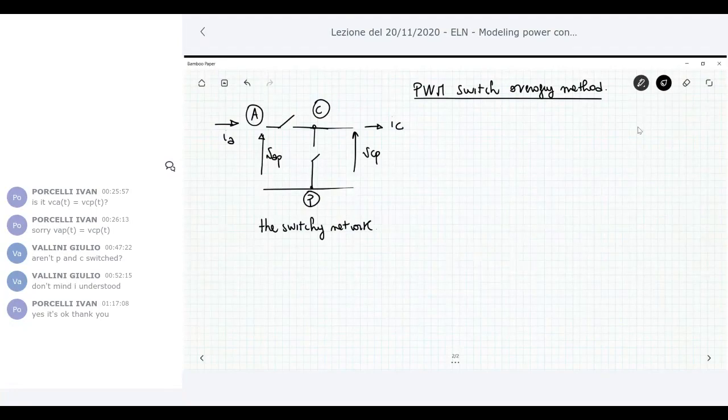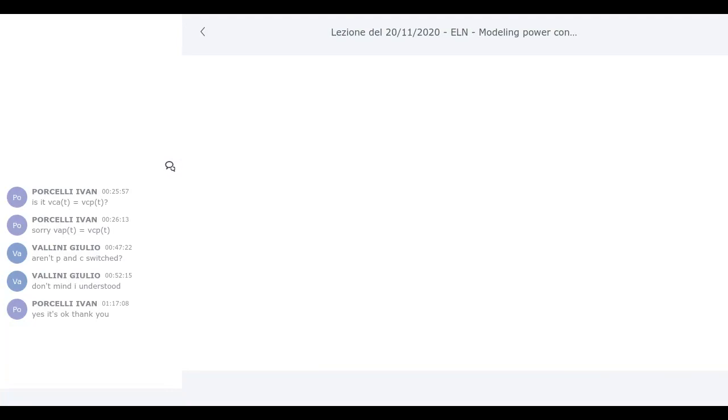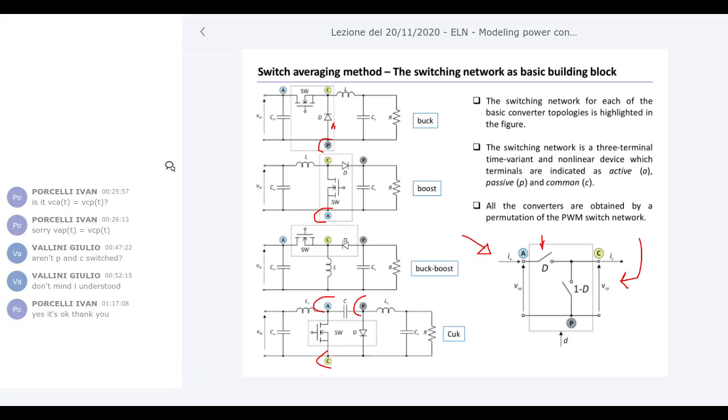Just some comments on this network that can be made on the slide. At the common node here, the node C, there is always connected an inductor. Two inductors here, connected in this way.